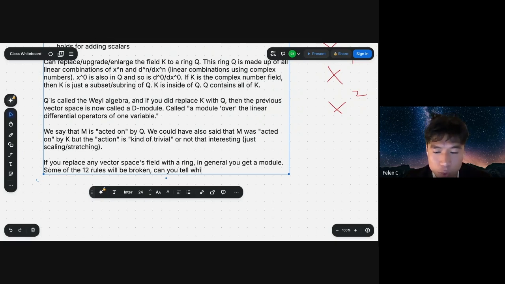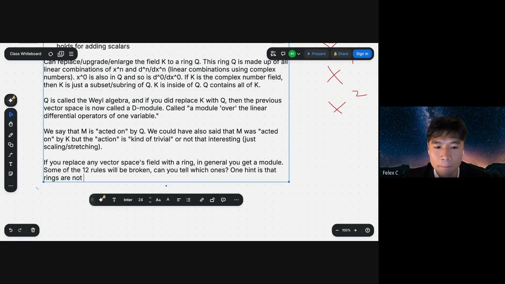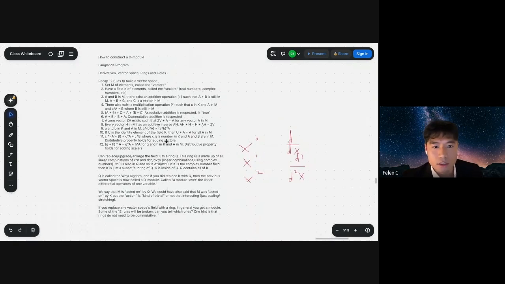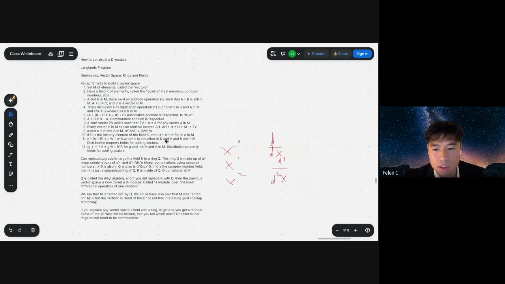Can you tell which ones? One hint is that rings are not commutative, or do not need to be commutative. And yeah, that is how you construct a D module.